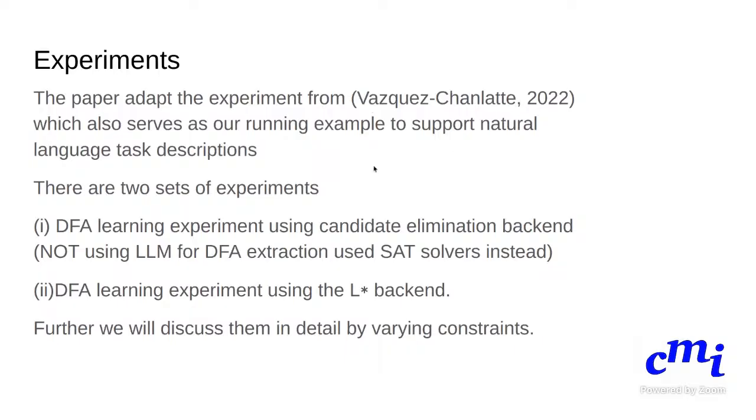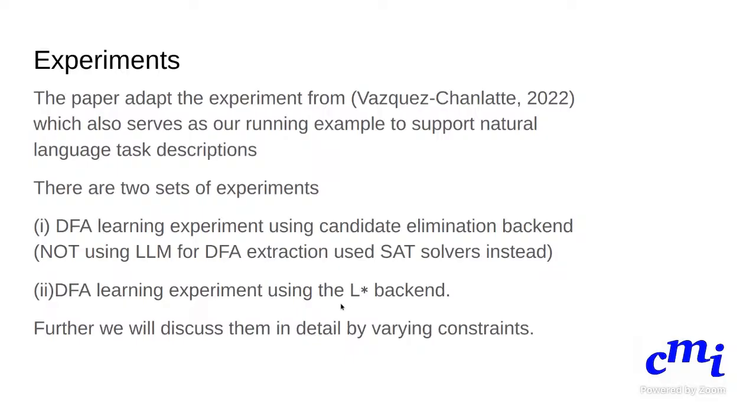They do two sets of experiments, the DFA learning experiments. You're using L star LLM in both of them, but you're changing the backend: either L star, or the SAT solver, or candidate elimination in the backend.